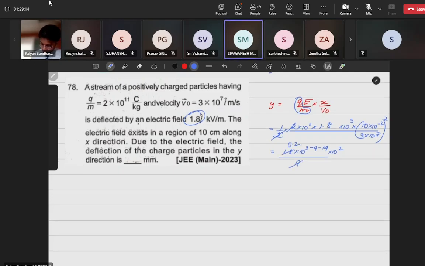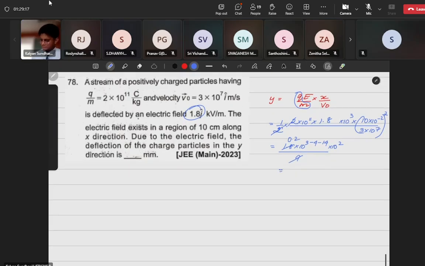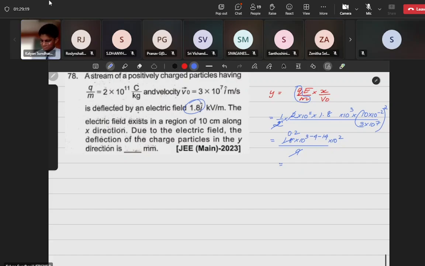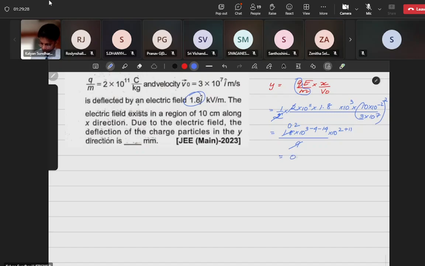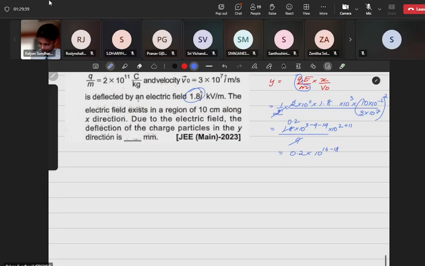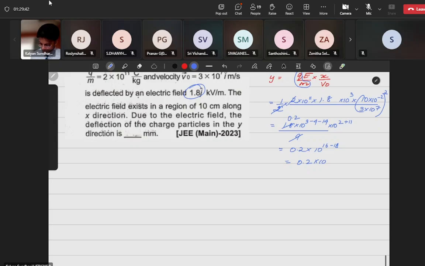Working it out, the deflection will be 2 millimeter.